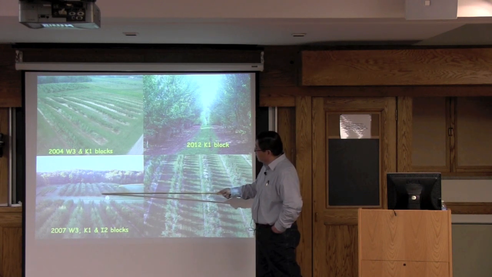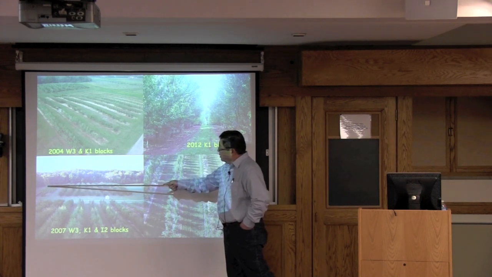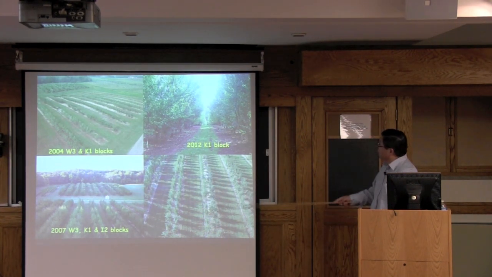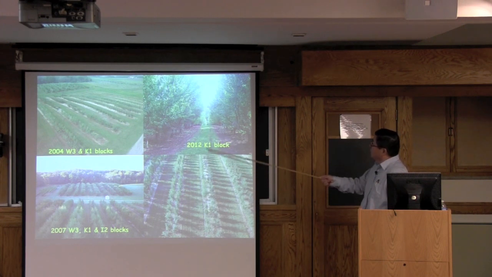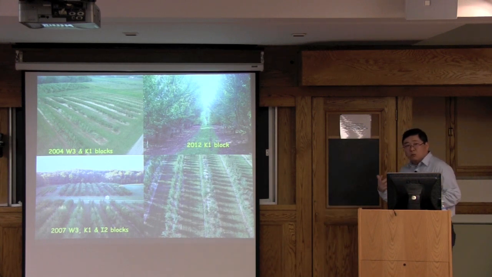Here is all the Malus sieversii from Kazakhstan, and a little bit of wild Vitis, different wild species, in the corner there. Here's the view of the Kazakhstan K1 block in 2012, last year. Because they are on their own roots, not on dwarfing rootstock, the material is now over 20 feet high.